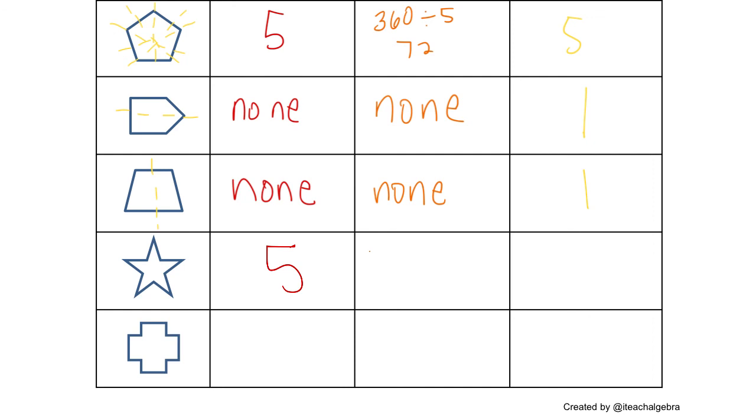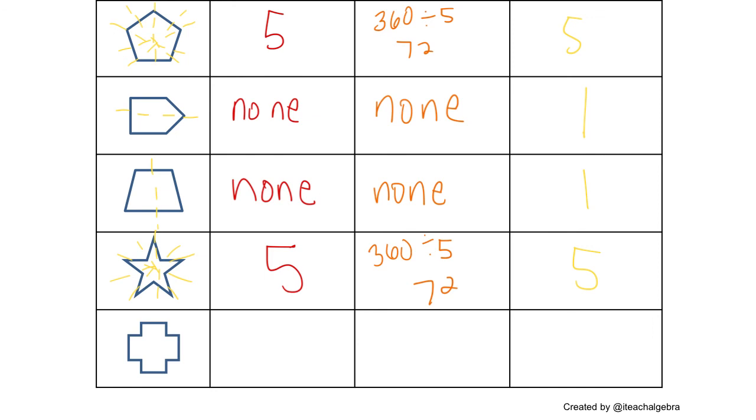The magnitude will be 360 divided by 5, or 72. Lines of symmetry, there's going to be 1 at every point of the star. So 5. Last one, try it on your own.